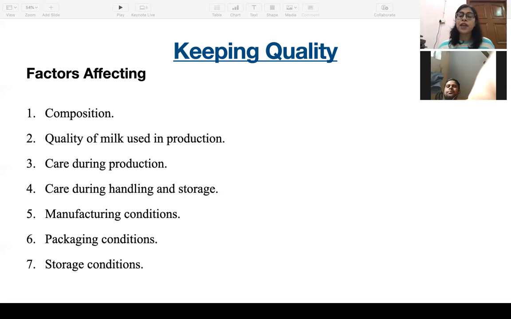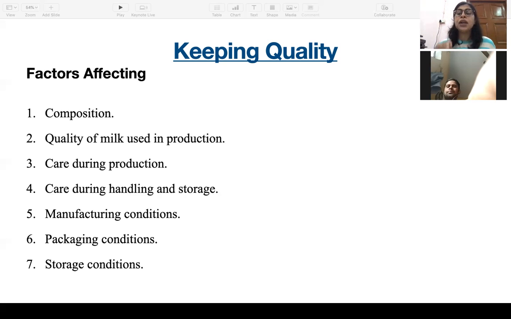For instance, if we store the product in lacquered tins or galvanized tins, the temperature should not exceed room temperature. Or we should be keeping the products in cardboard boxes lined with polythene. These products should be maintained at room temperature. They should not be kept in high temperature areas.